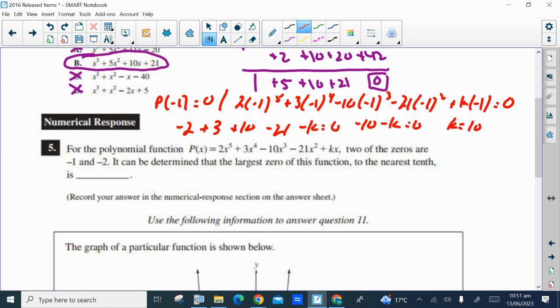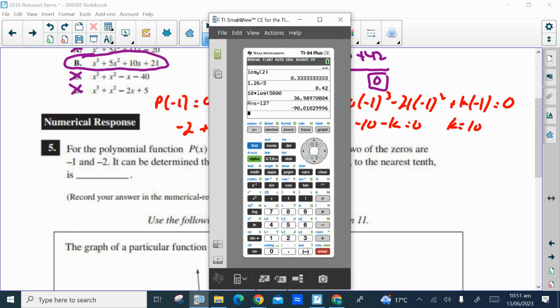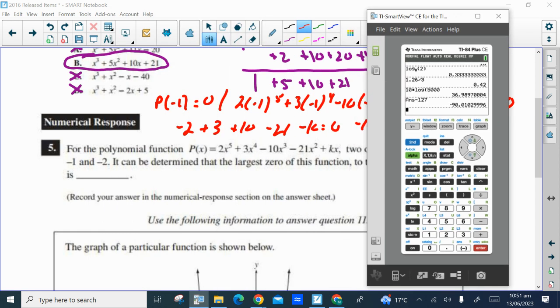So now we need to find the largest zero. Now that we know what k is, you could simply put the equation into the calculator and see where the 5 x-intercepts are. We want the largest one.